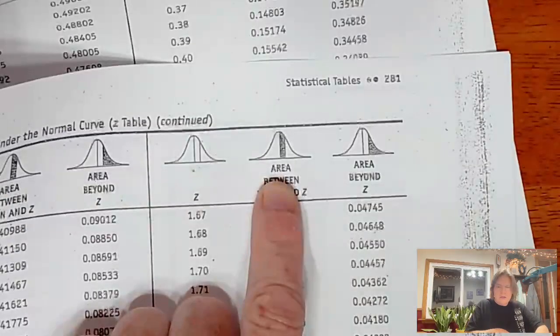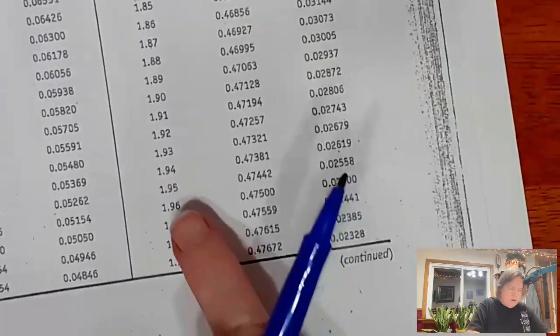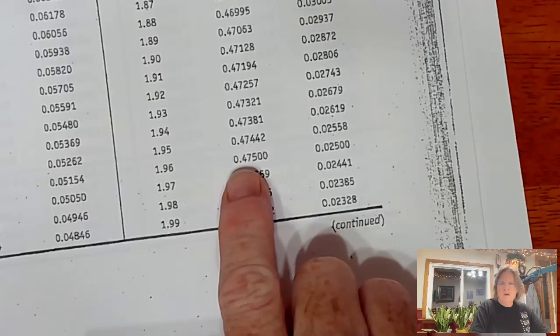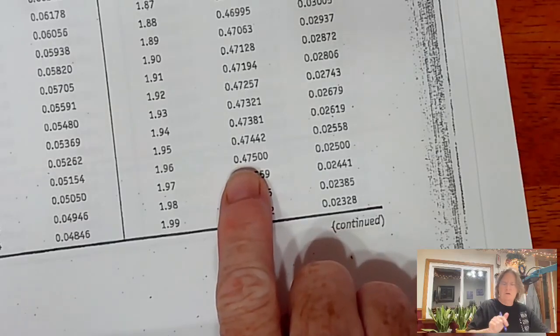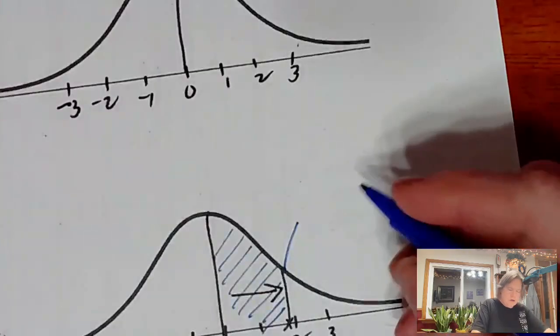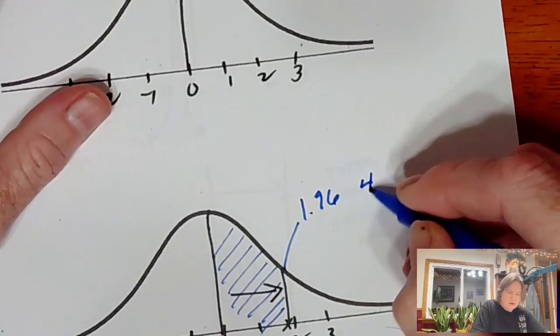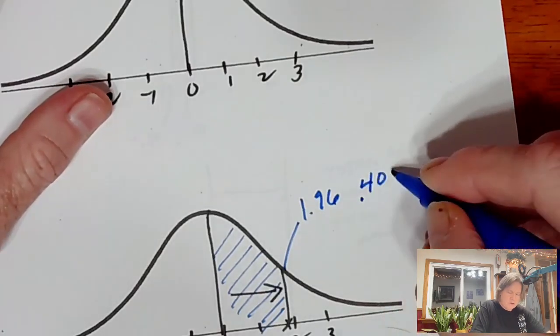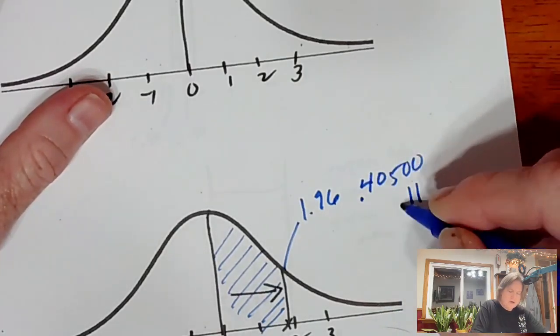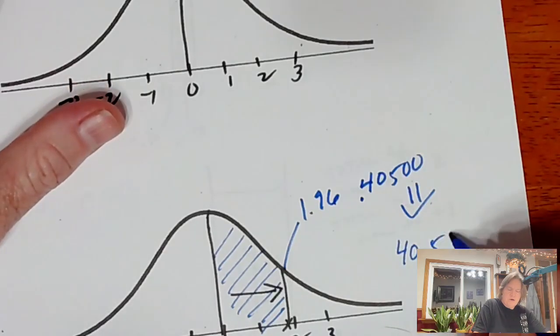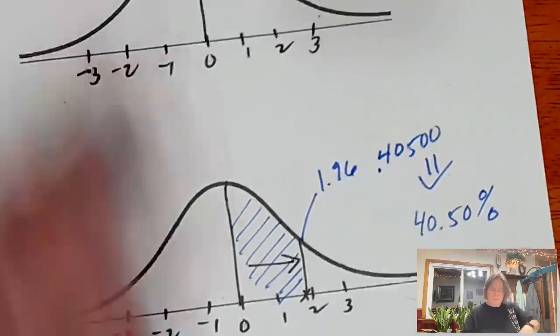This time we're looking for the area between the mean and z of 1.96, so we're going to have 0.4750. So in this case, it's just 47.5%.